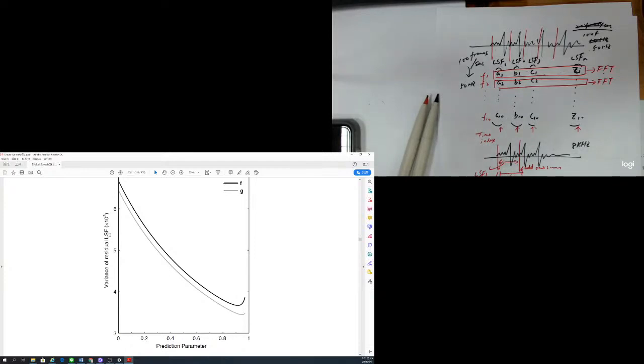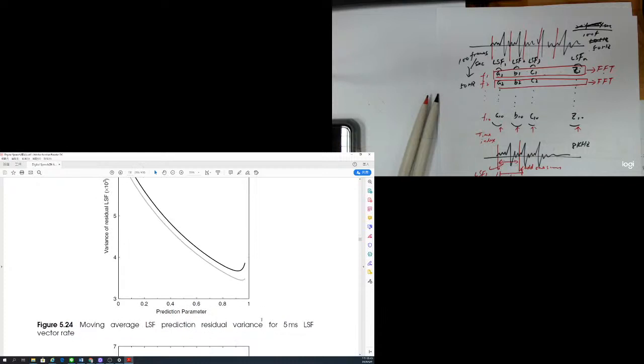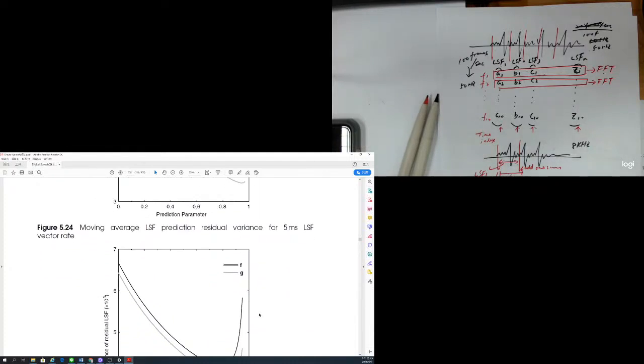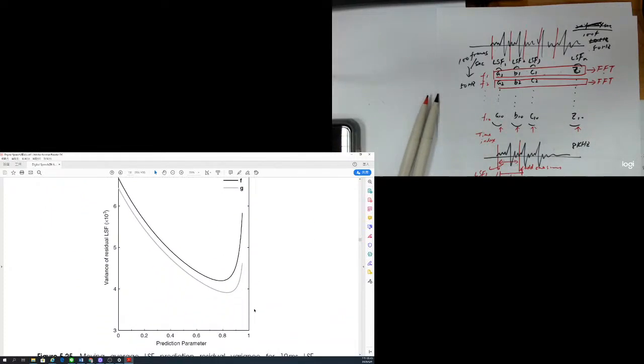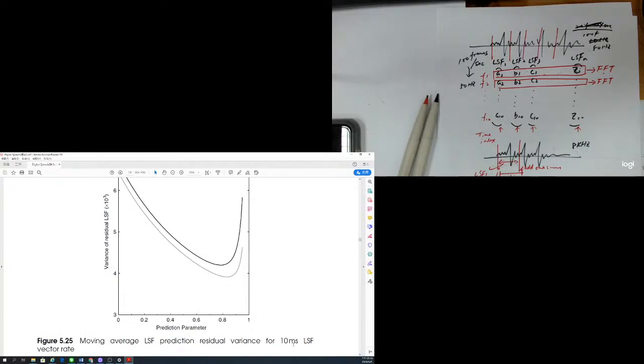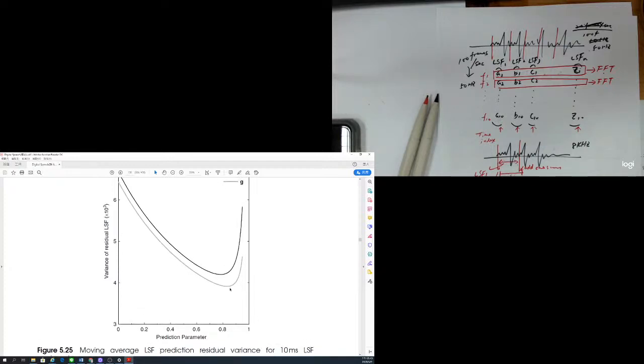So the residual line spectrum pair variation becomes lower and the correlation higher. If we consider a bigger speech frame, the aliasing will come out, so you can see the low pass contributes better performance.